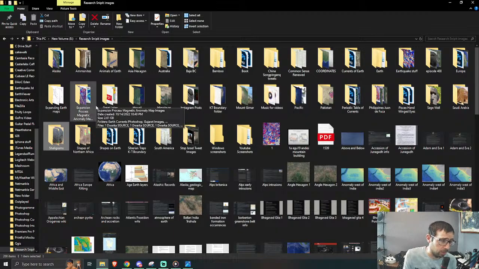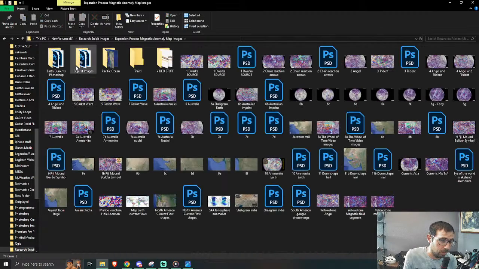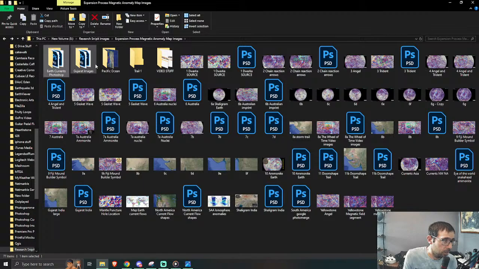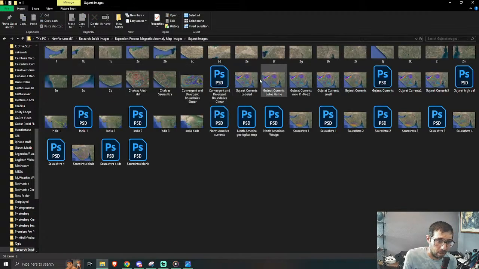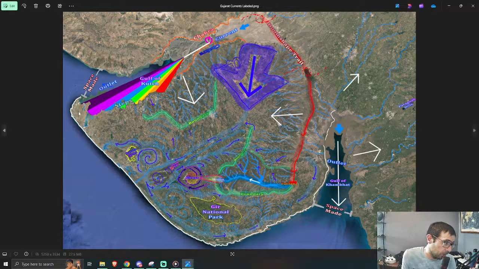It's kind of crazy how hard it is for me to find things. Gujarat. Let's see. I also wanted to open this one. So here is where Dwarka Shila is formed or found, right, like here, I believe.